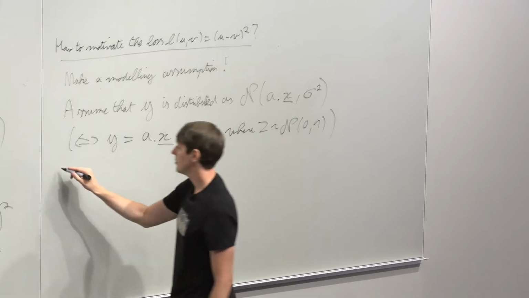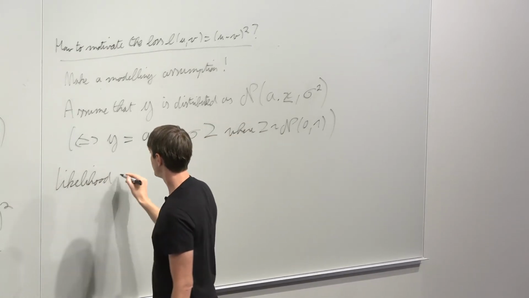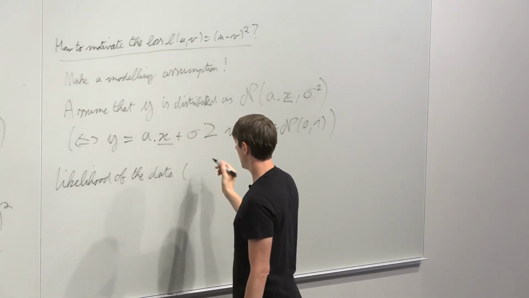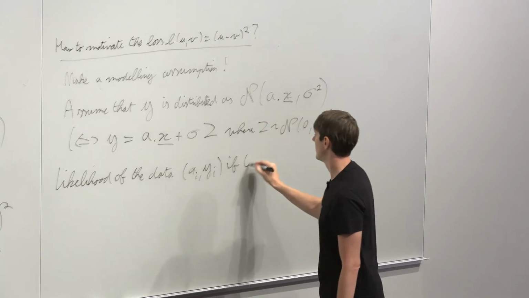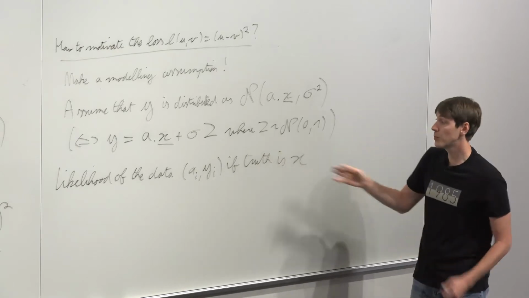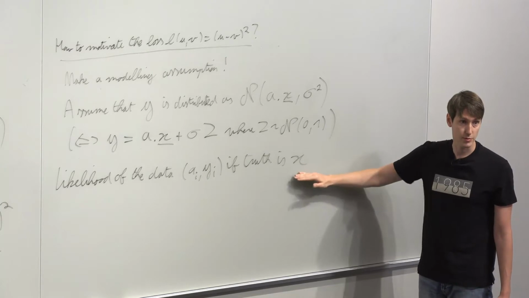The likelihood of the data a_i, y_i, if the truth is x. What is the probability that I observe this pair if this was the truth?